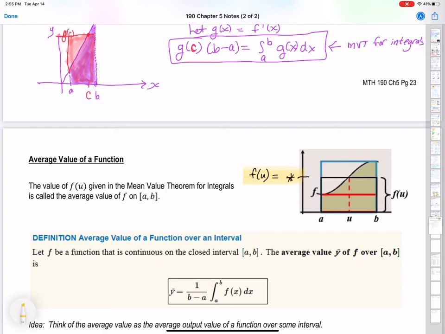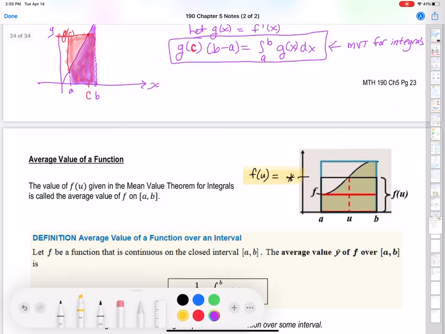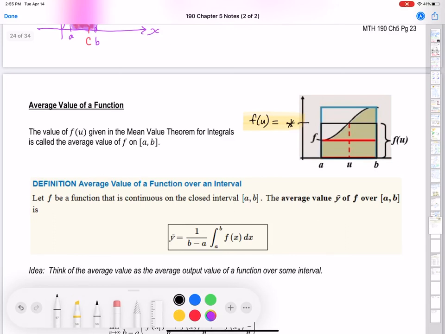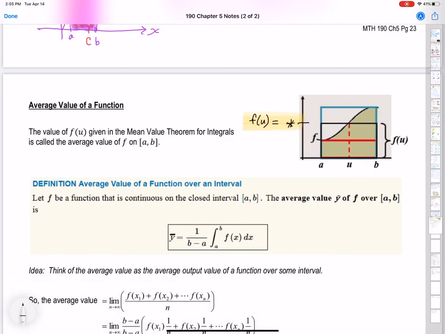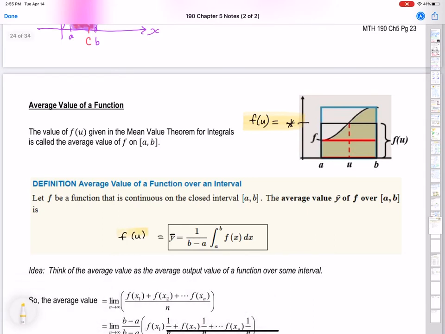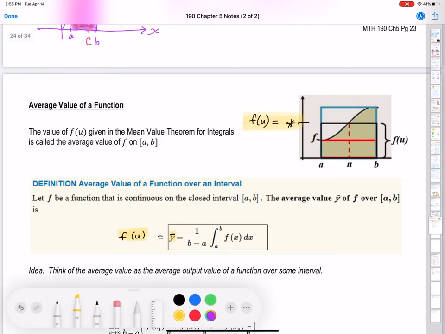So that is going to be the average value. Make sure that y bar is significant here. This is the f of u value. So this f of u is equal to y bar.